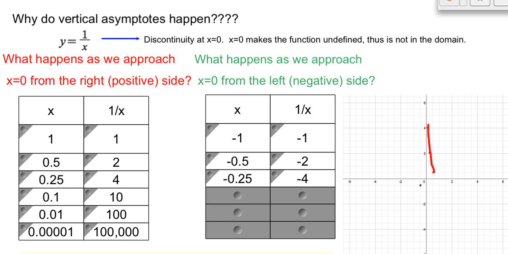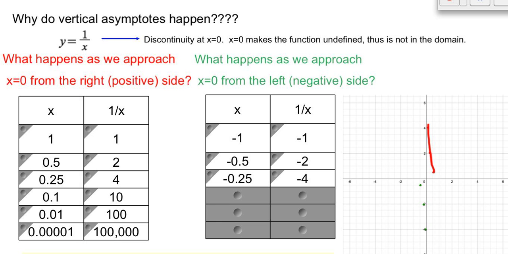If x is -0.25, then the y value is -4. Again, if you don't know where those are coming from, go ahead and do the arithmetic yourself and figure out what the y values are. So let's put those points on there. (-0.5, -2) would be right here, and (-0.25, -4) would be here.